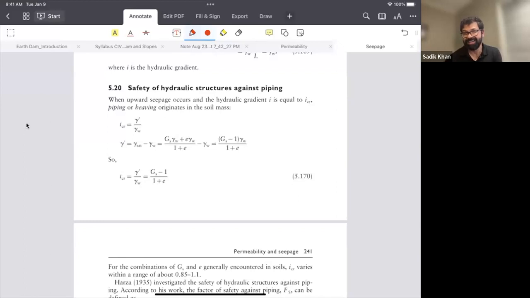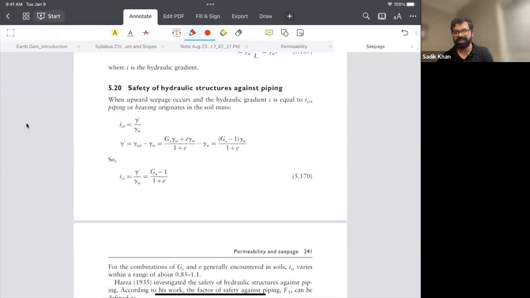Remember that, right? So let's say you have a seep, you have overtopping. If you have overtopping, it is going to lose material from the top, right? So your thickness is shrinking when you're losing the material, and at one point your weight is not enough to keep the water pressure. It will just go away.